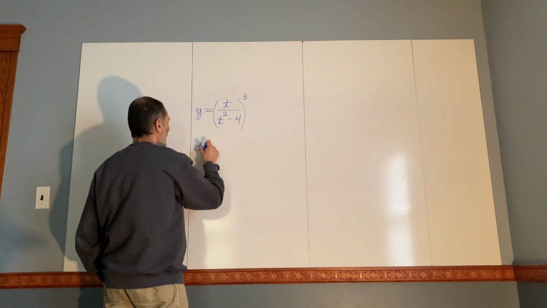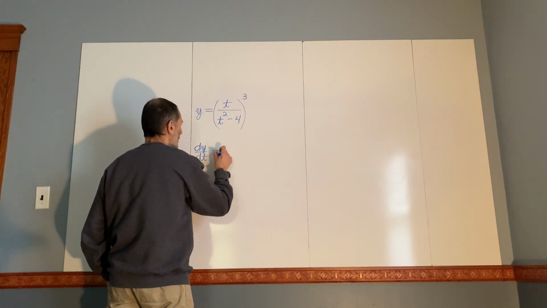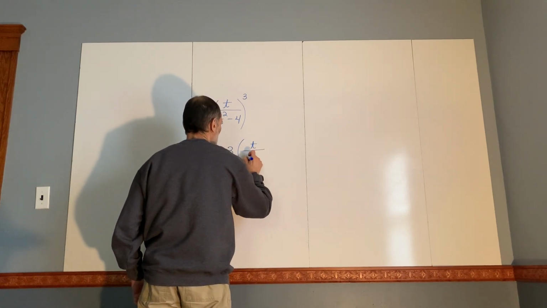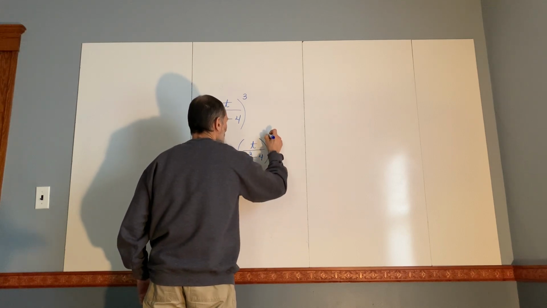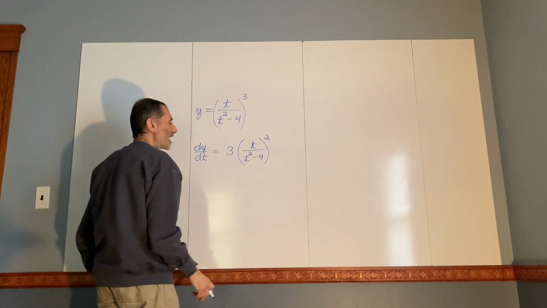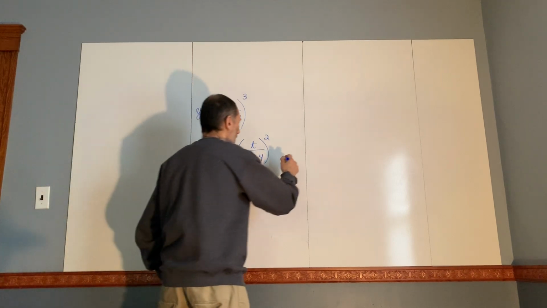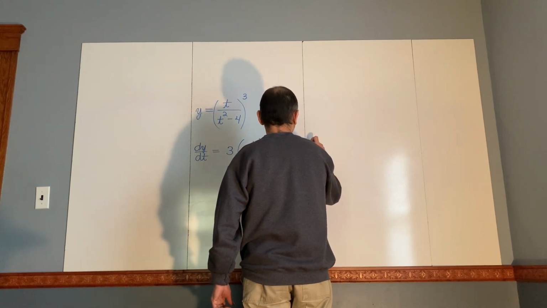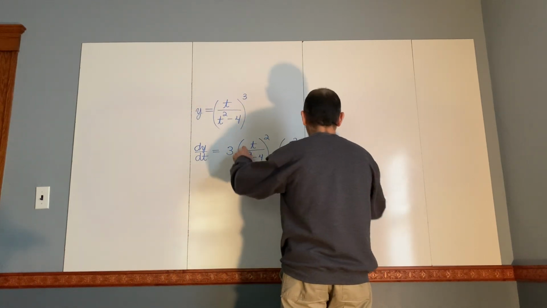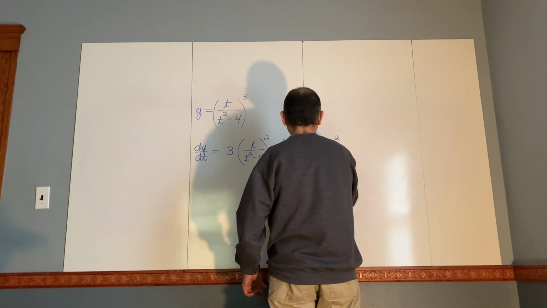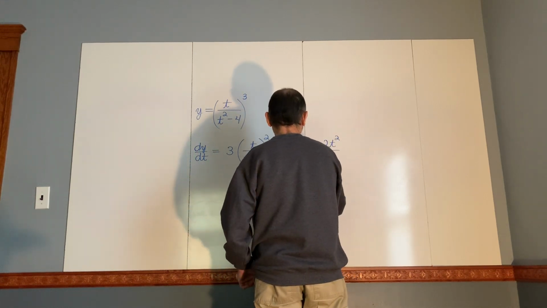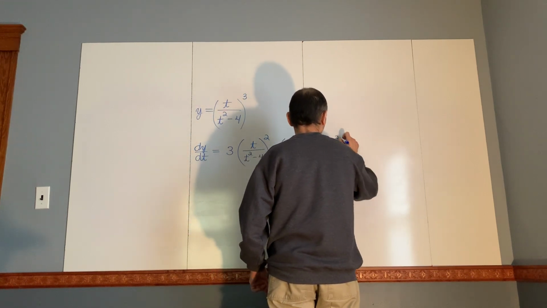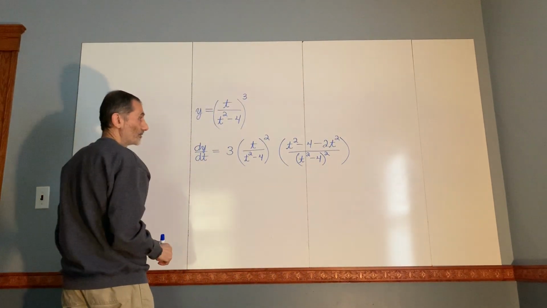We'll start with that. dy dt equals 3 times t over t squared minus 4 all squared times the derivative of the inside function, which requires the quotient rule. 1 times t squared minus 4 minus 2t times t, divided by t squared minus 4 squared.